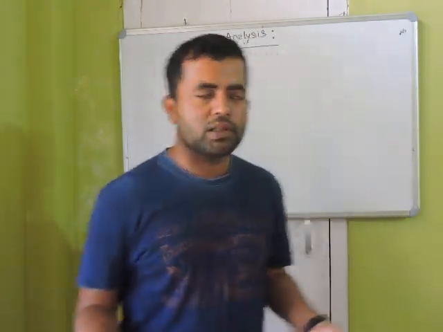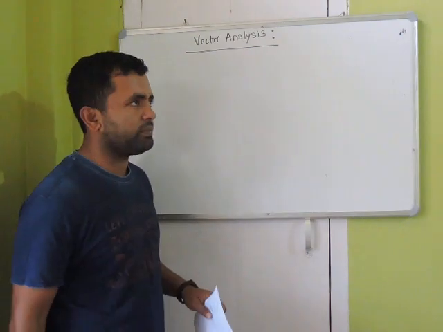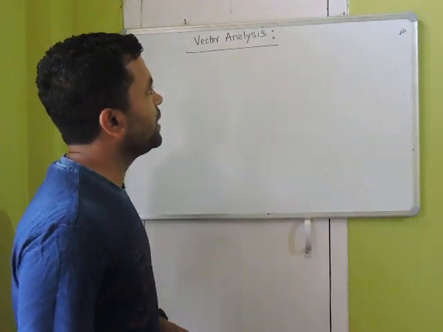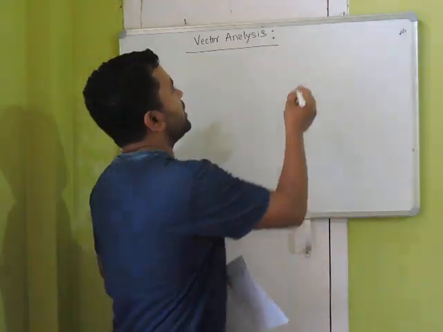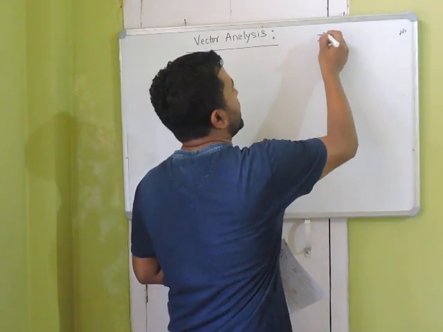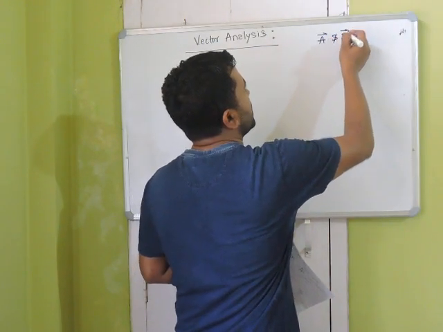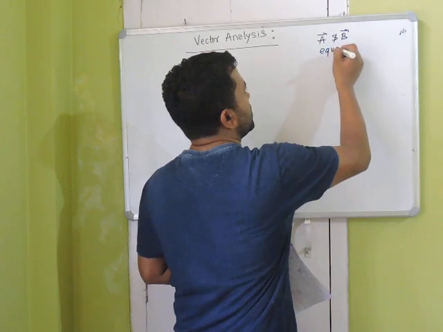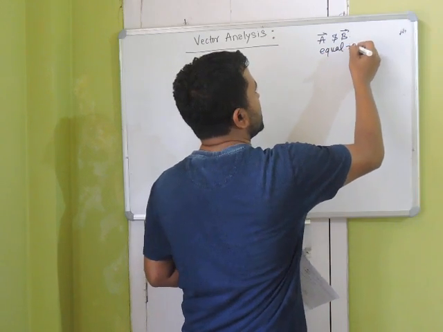This is the second lecture of vector analysis. Now suppose I give you one question. You have been given vectors A and B, equal in magnitudes.